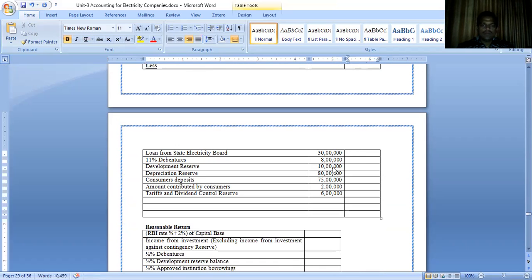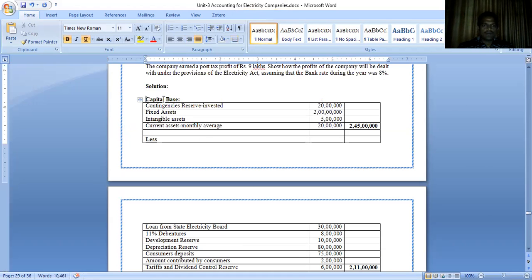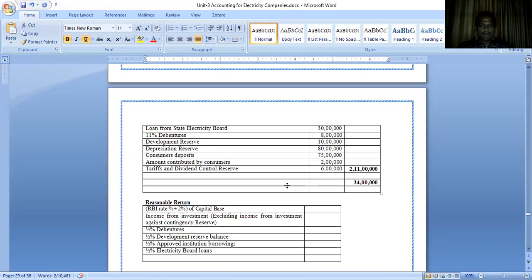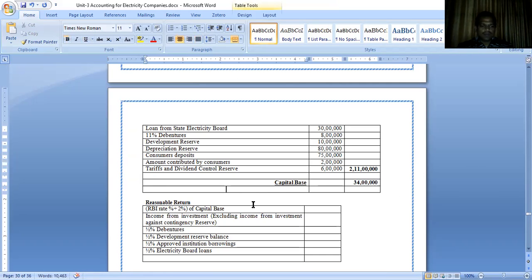So we have to deduct the deductible items, where the deductible items are 2 crore 11 lakh. So the capital base is 34 lakhs.